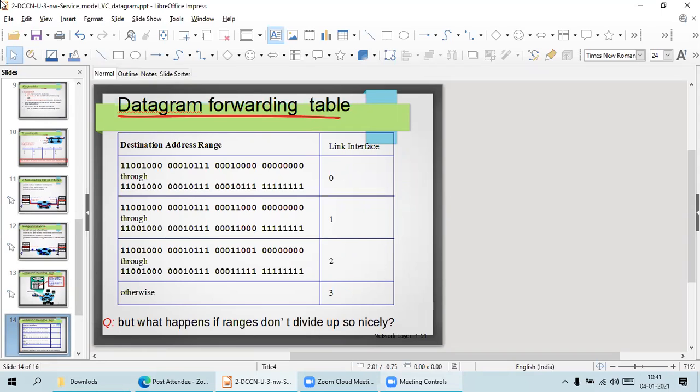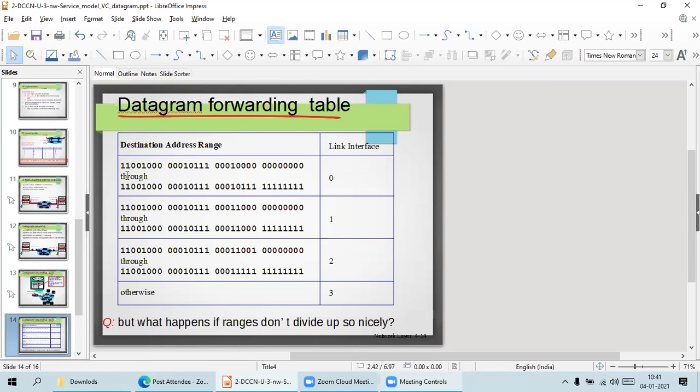Here you see link 0, link 1, link 2, link 3. Your IP address is a 32-bit IP address: 8 into 4, which is 32 bits. You may not have more than this number of IP addresses all over the world.